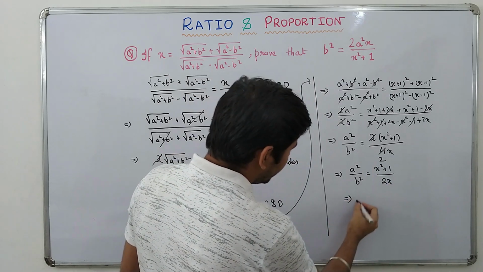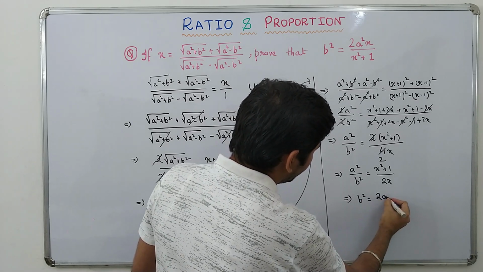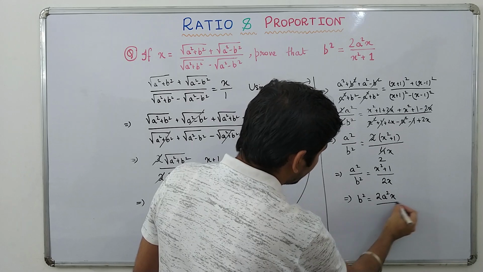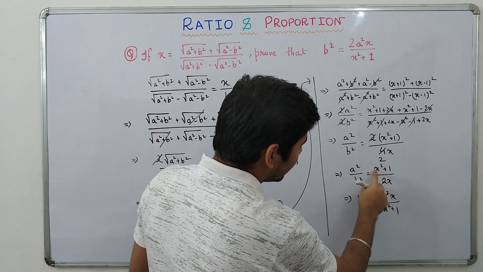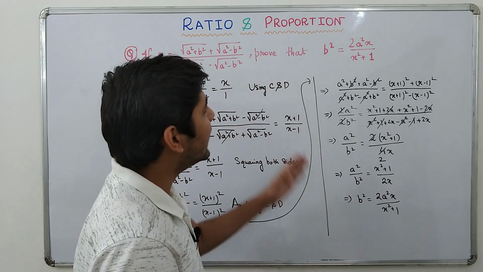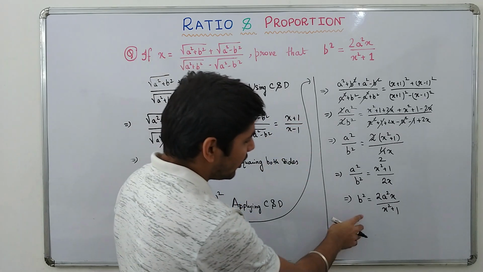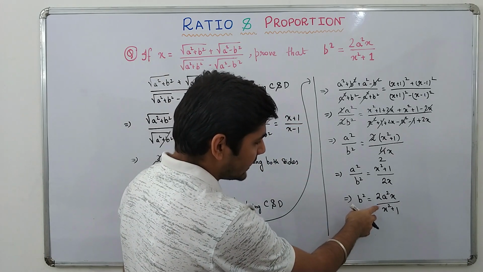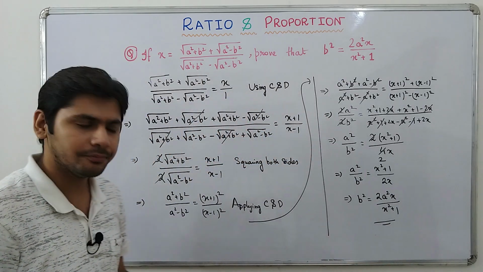Now we will get b square is equal to 2 into a square x by x square plus 1. b square goes over there, x square plus 1 comes over here, and 2x goes over there. So we had to prove that b square is equal to 2a square x by x square plus 1, and we got b square is equal to 2a square x by x square plus 1. So this is proved. Simple.